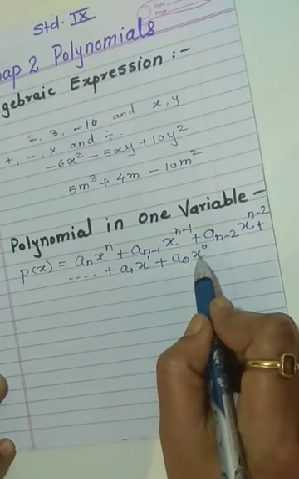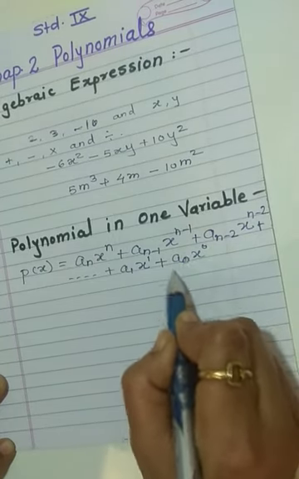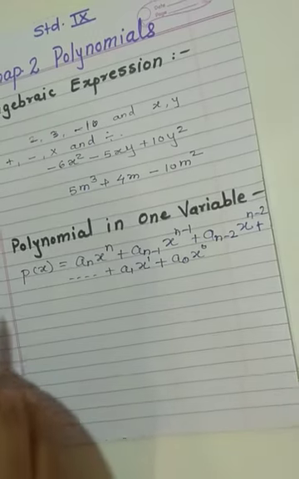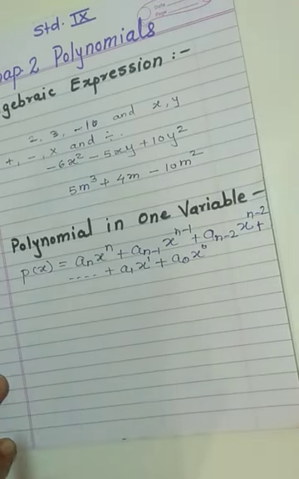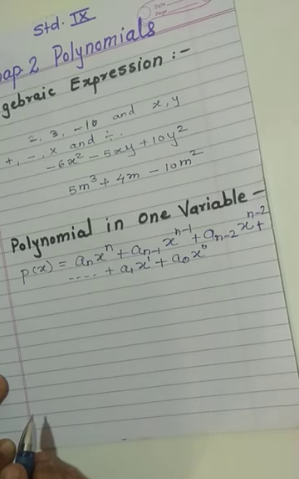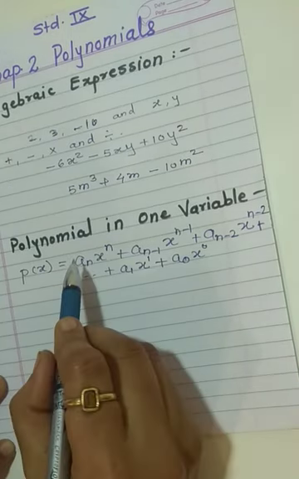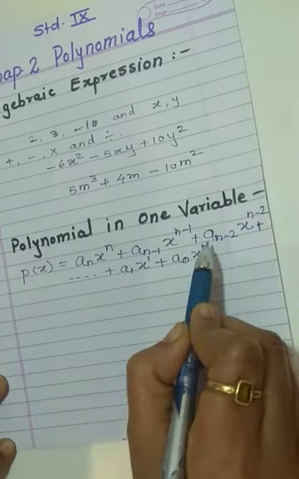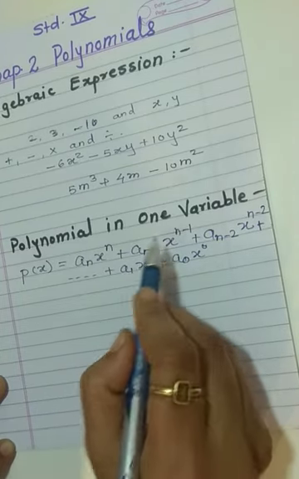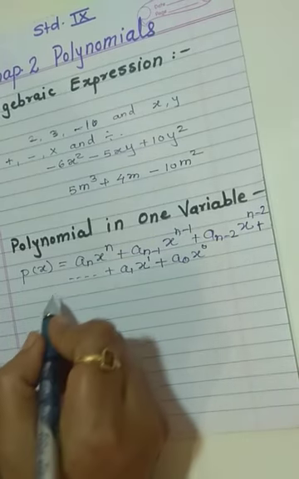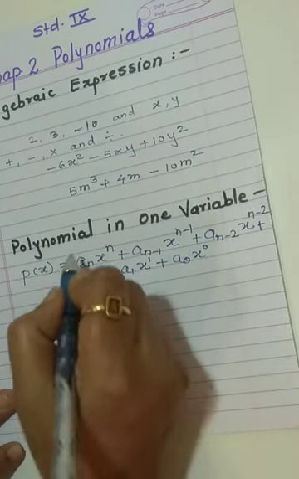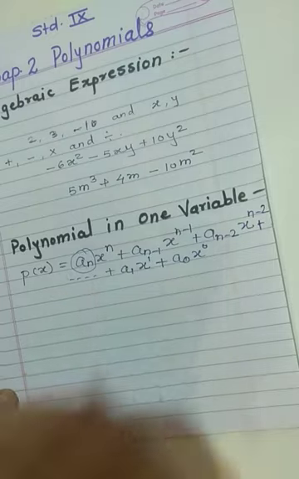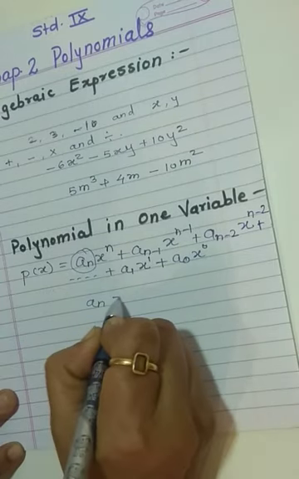Here x raised to 0 means 1, so only a0 we can write here. So this algebraic expression in this form is known as the polynomial in variable x, where a0, a1, a2 up to an are real numbers or coefficients, and an is not equal to 0.